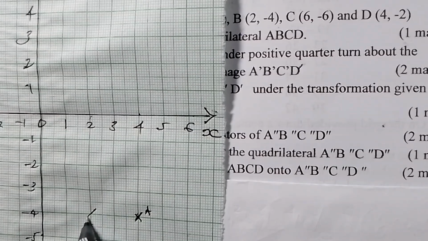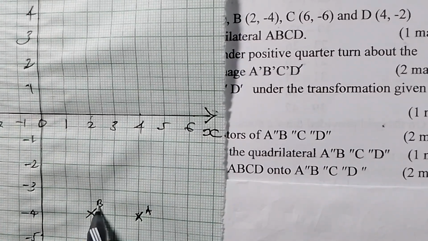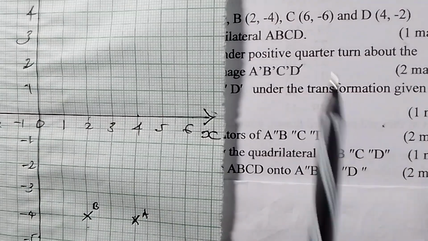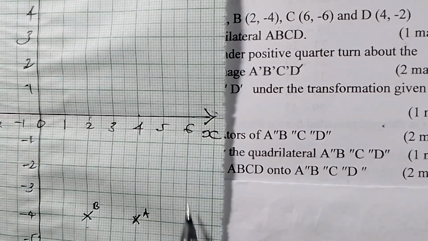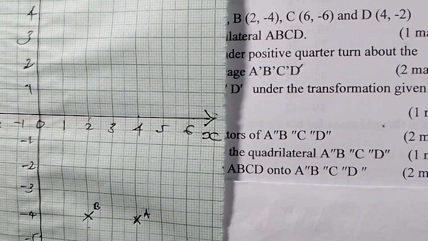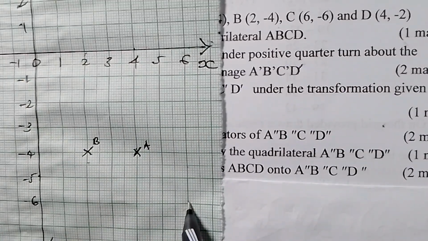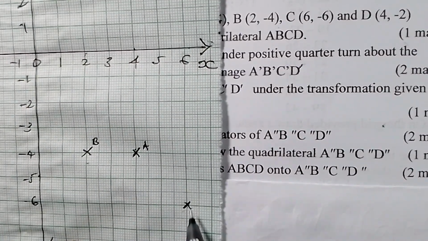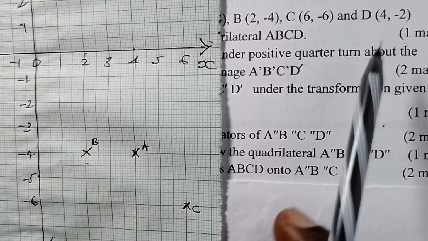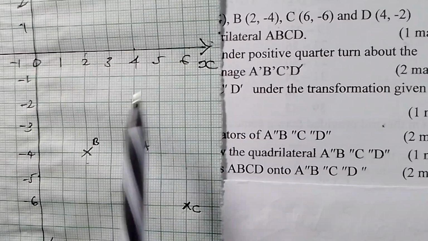Put a mark here. C is 6, negative 6. Put a mark here at the bottom. And D is 4, negative 2.